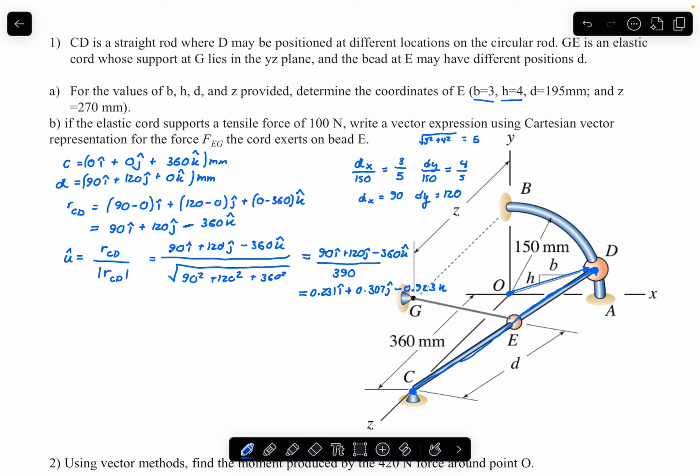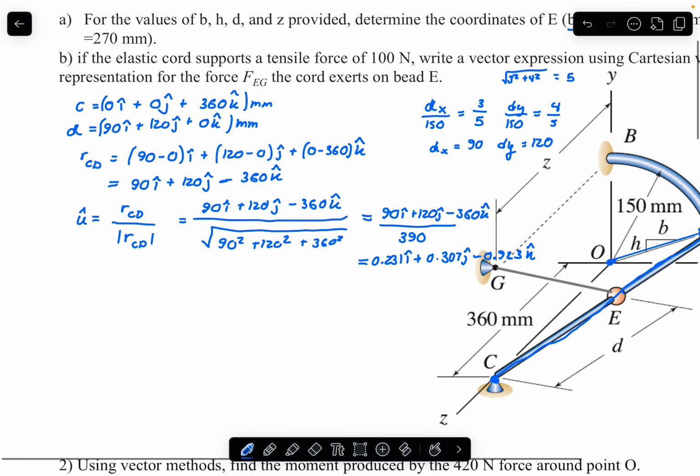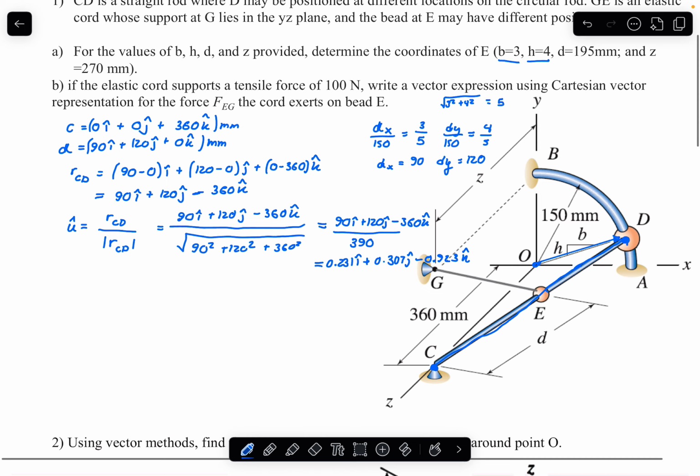My apologies, I'm getting a bit into the diagram, but hopefully you guys can still see the numbers. Now we have the unit vector for our CD.